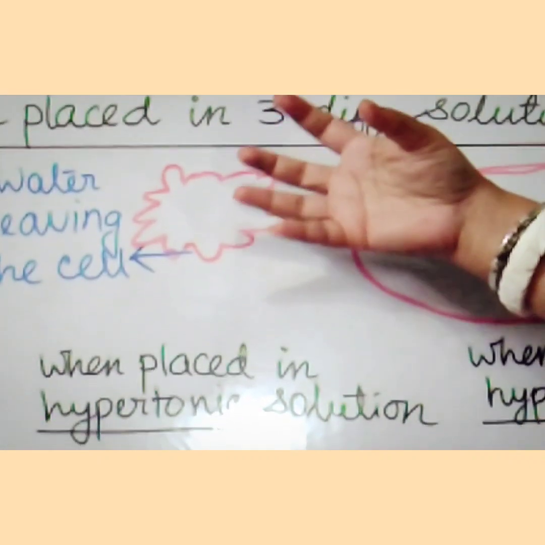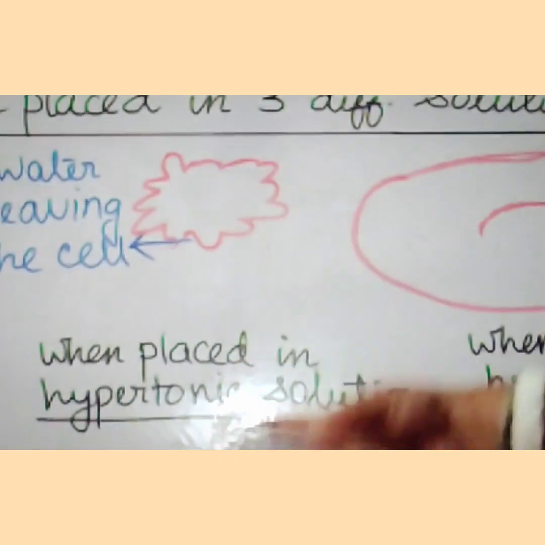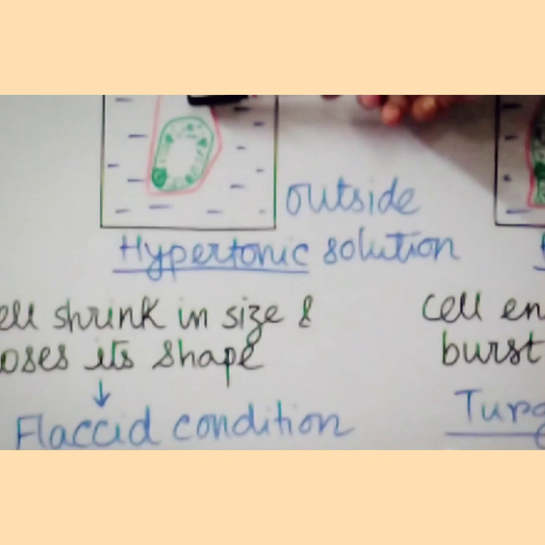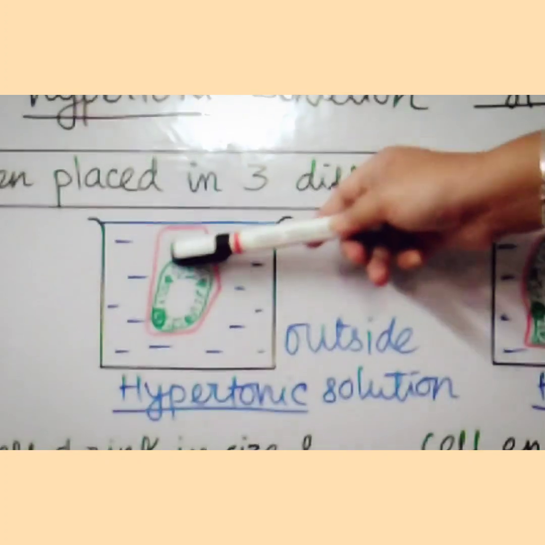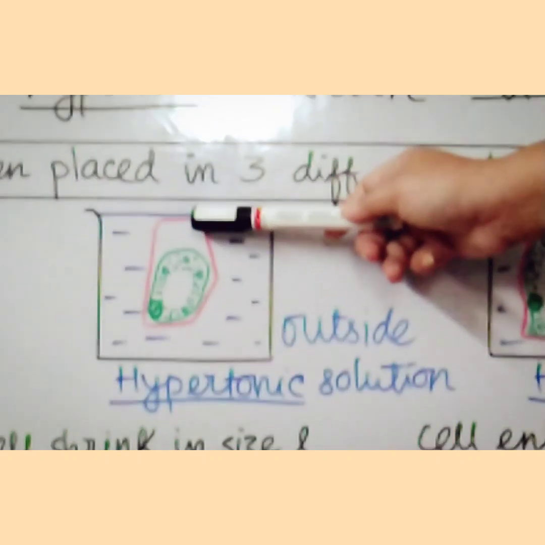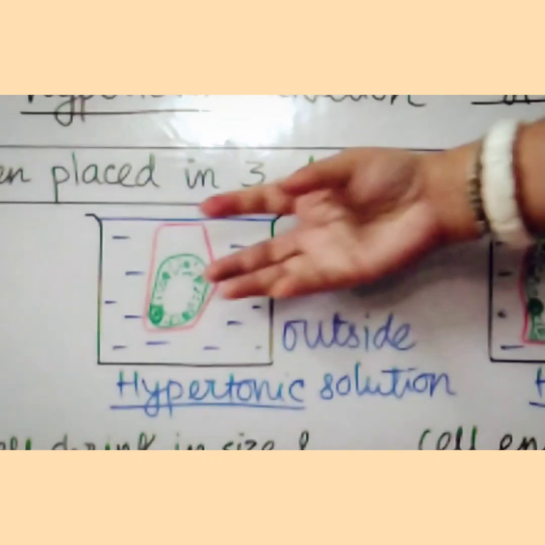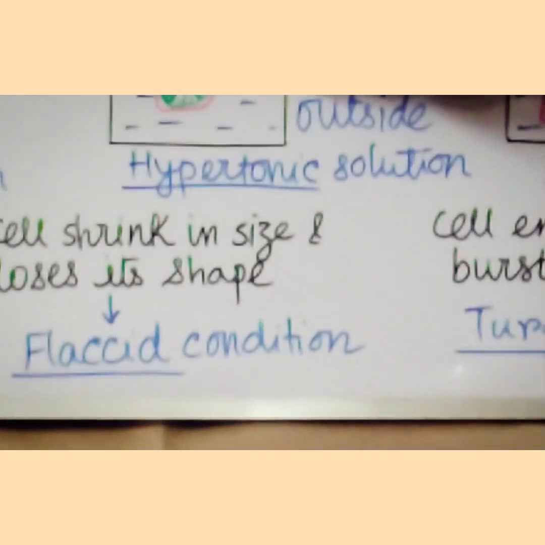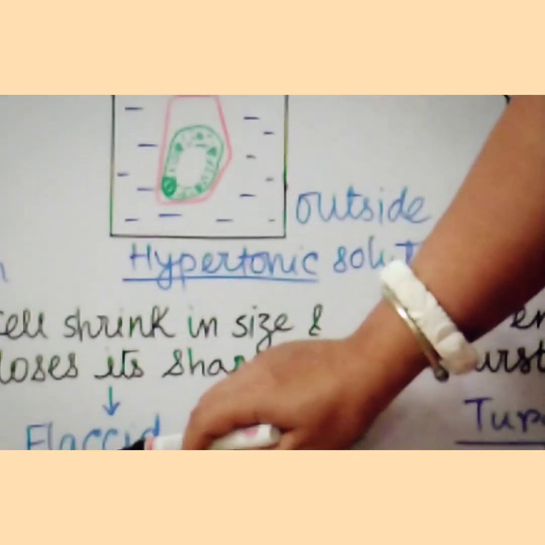The cell shrinks in size and loses its shape. Now see over here, the outside cell wall is the red one, inside the green one is the cell membrane. The cell membrane came away from the cell wall and shrank. This condition is known as flaccid condition.